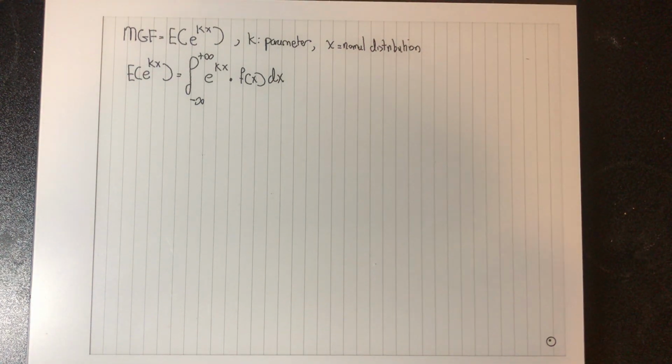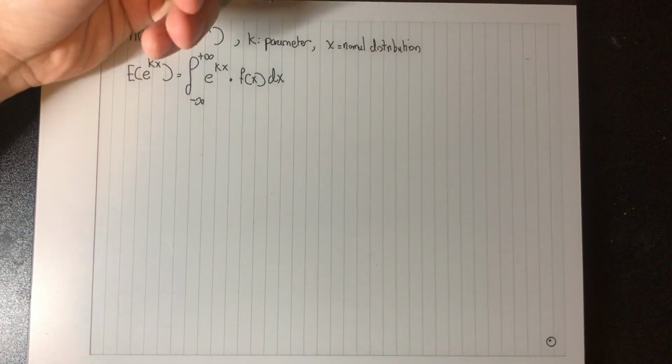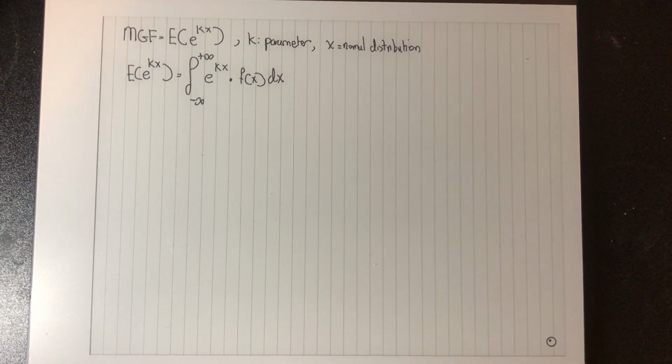Some people might get confused as to why the density function of e to the power of k multiplied by x is the density function of x. Well, this is partly due to the law of the unconscious statistician, which is often ignored in mathematics, or rather not ignored, but assumed without rigorous proof.